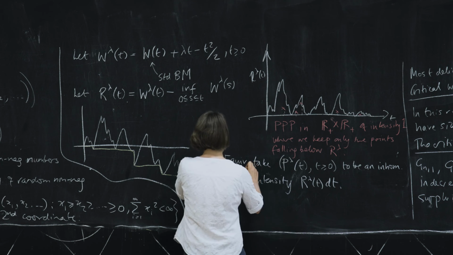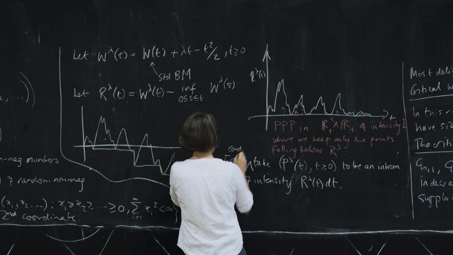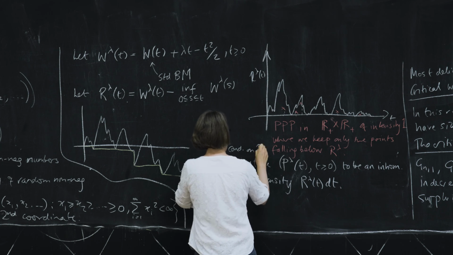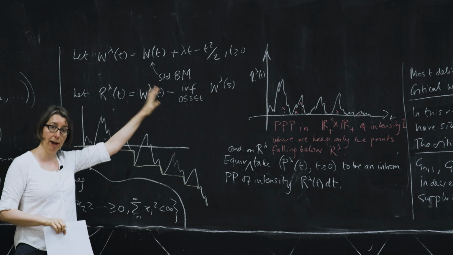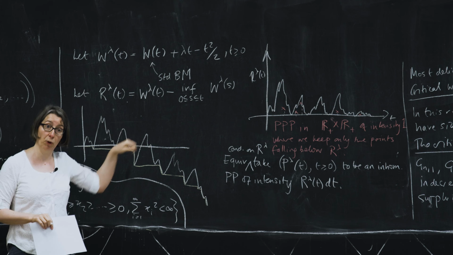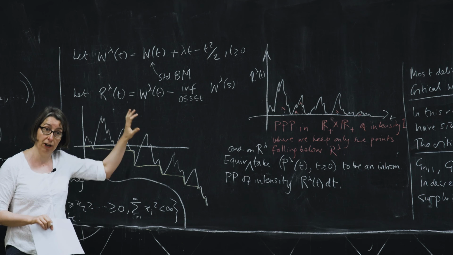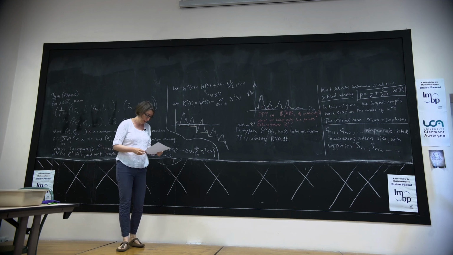This has to be conditional, obviously, on this R lambda. So think about first sampling the process R lambda and then putting the Poisson point process on top of that, given the R lambda that we happen to sample.